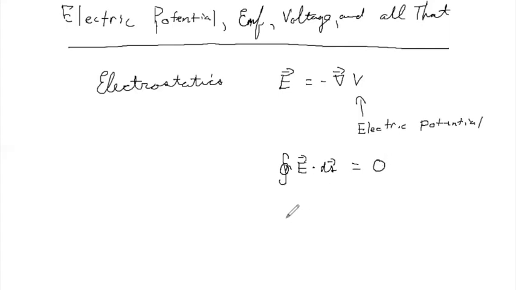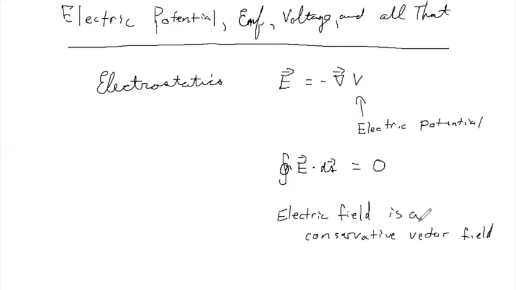And this also means that the electric field is a conservative vector field. If any of these things are broken or not true, then all of them are broken. So they're all one-to-one. It all means the same thing.